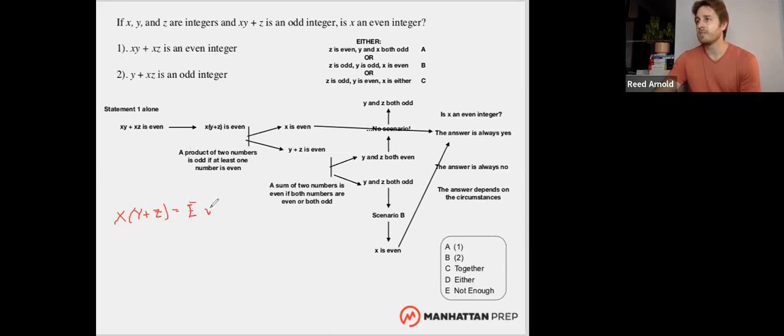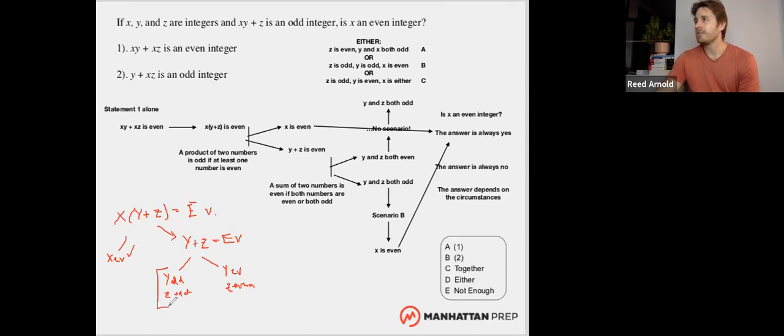And I want to know if X is even. Well, okay, if X is even, I'd be done. I don't even have to consider that. The question is what happens when Y plus Z is even? Well, either I have Y odd and Z odd, or I have Y even and Z even. Those are the 2 times that Y plus Z add up to even.